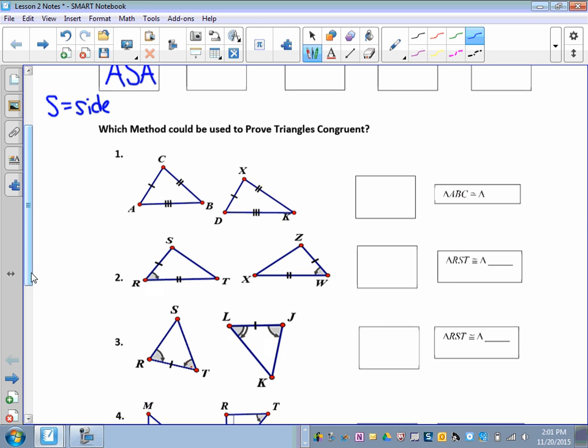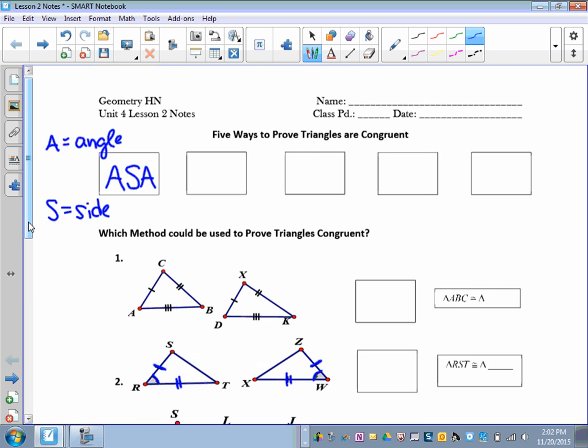Number 2. So number 2 here, I have side SR is congruent to side ZW. Angle R is congruent to angle W. And side RT is congruent to side XW. So again, oh wait. No, I just told you another one.